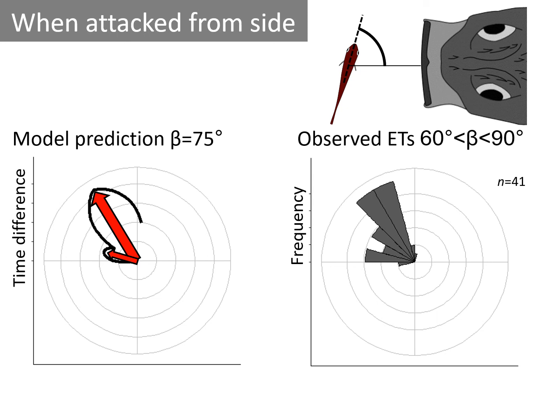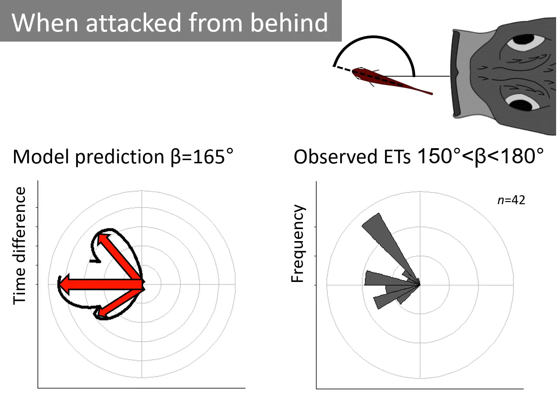When the prey is attacked from behind, the time difference of the model predicts a trimodal pattern with peaks at around 130, 180, and 210 degrees, and the observed ETs show a similar pattern.